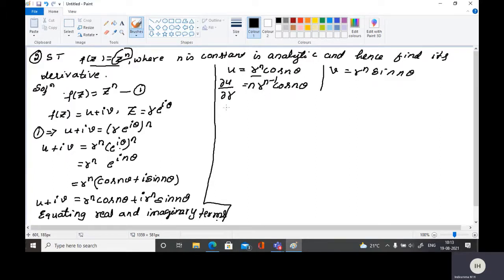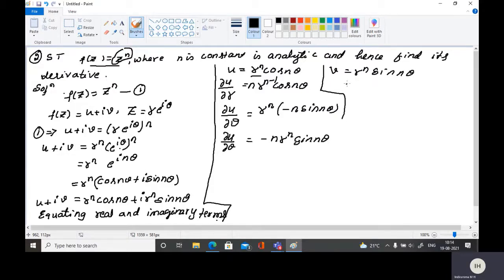Now differentiate u partially with respect to theta, keeping in mind r constant. So r power n is constant. The differentiation of cos n theta is minus n sin n theta. Therefore, dou u by dou theta is equal to minus n r power n sin n theta.